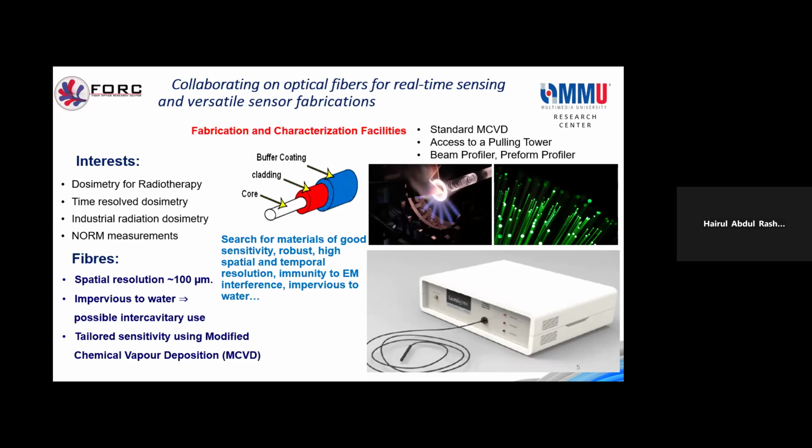The beauty, or I guess we were lucky for our group, is that we had fabrication and characterization facilities giving us access to MCVD and the Pulling Tower, which allowed us to fabricate custom-made optical fibers for such purpose.